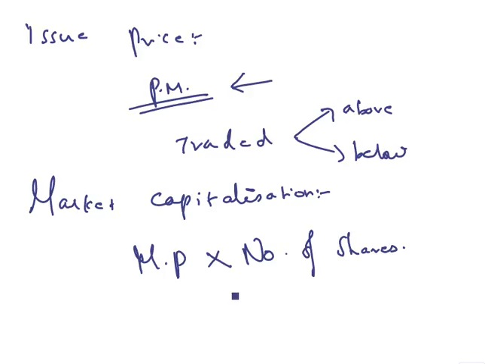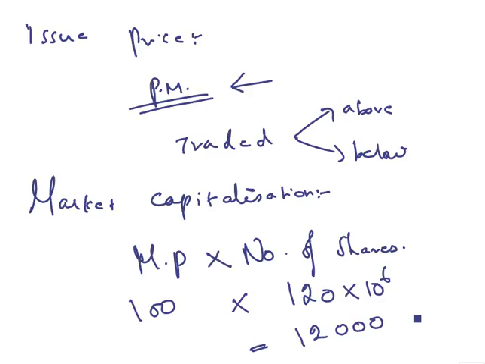Let's say a company XYZ has around 120 million shares in its issue, and the current market price of the share is 100 rupees. The market capitalization of the company is 12,000 million, or I would say 12,000 into 10 power 6 rupees. This is the market capitalization of the company.